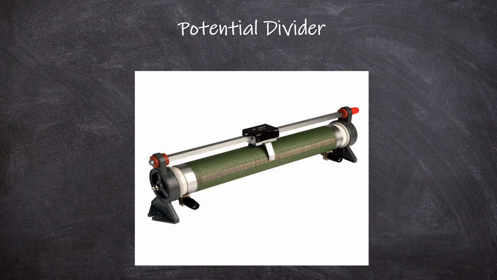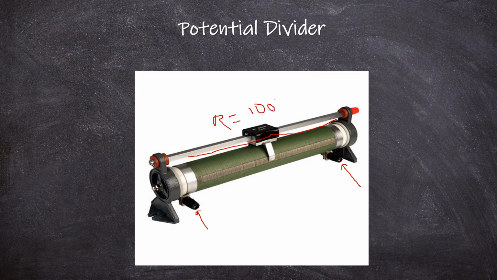Here you can see these are the two input points. You place one wire here positive and here negative, and this is the slide. Suppose this has a total resistance of, let's say, 100 kilo ohm.